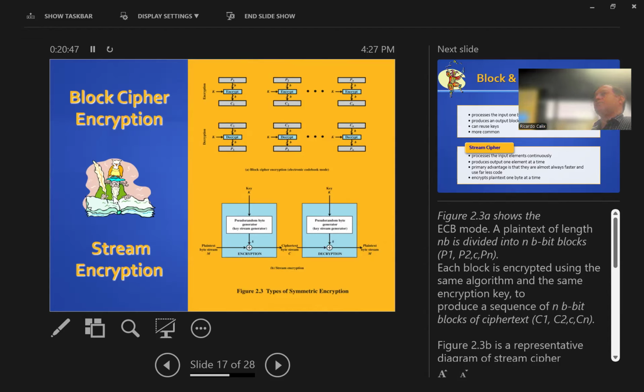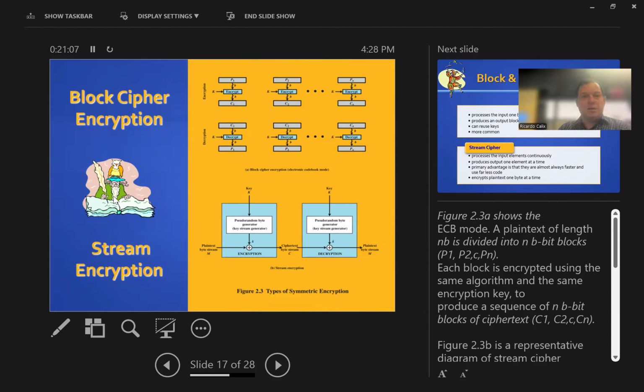PRG, okay? The pseudo-random generator is a function that we talked about. It takes in a seed, and then it just starts producing bytes, key bytes you can call them, in a sequence, and then you XOR those with the bytes of your plain text message.